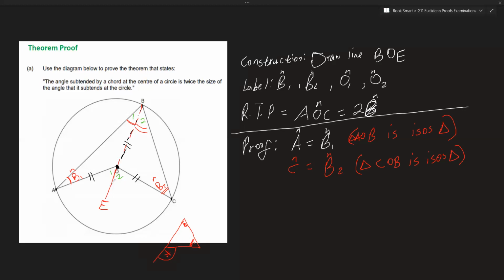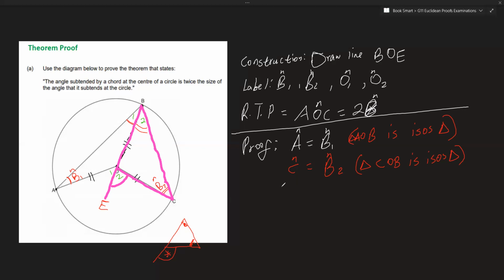For example, here, O2. Let me try to get a highlight with a different color, so let's see if this can make sense. So I'm going to highlight these triangles. This one. There. So this angle plus that one must give us that one.